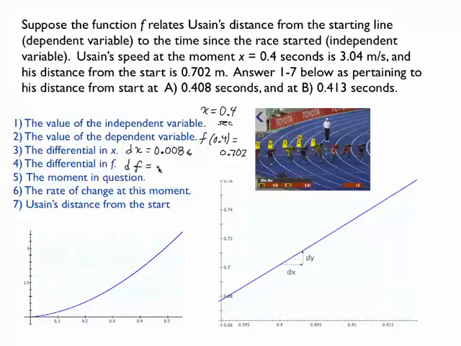Right. The differential in f is going to be m dx. And we spent a day or two on the idea of constant rate of change. If you have constant rate of change, the change in your dependent variable is the constant rate times the change in your independent. So it's going to be that 3.04 times 0.008.